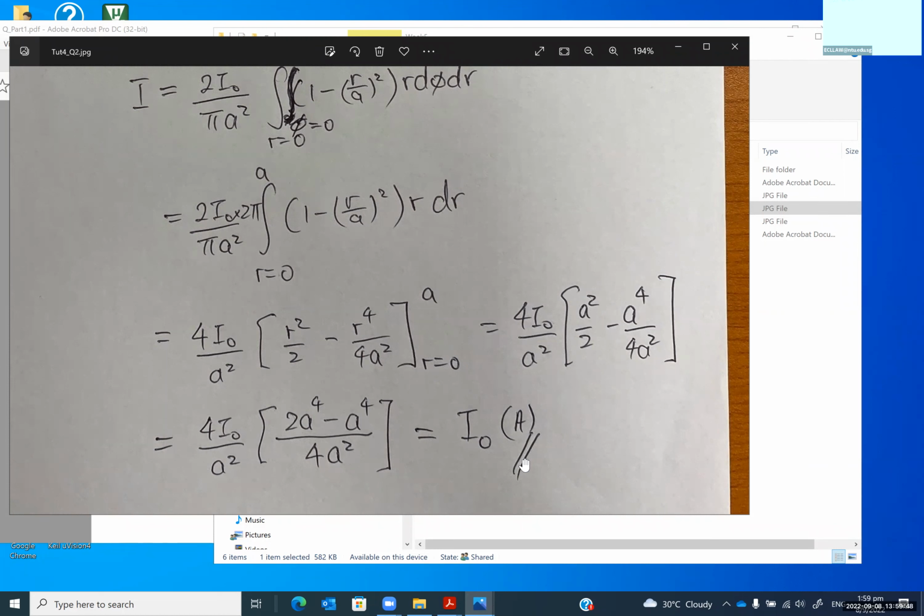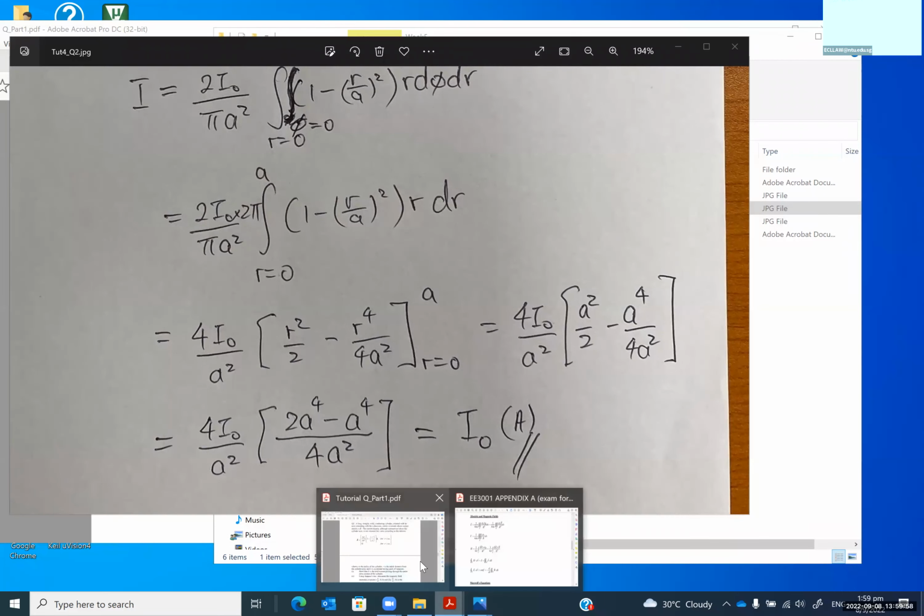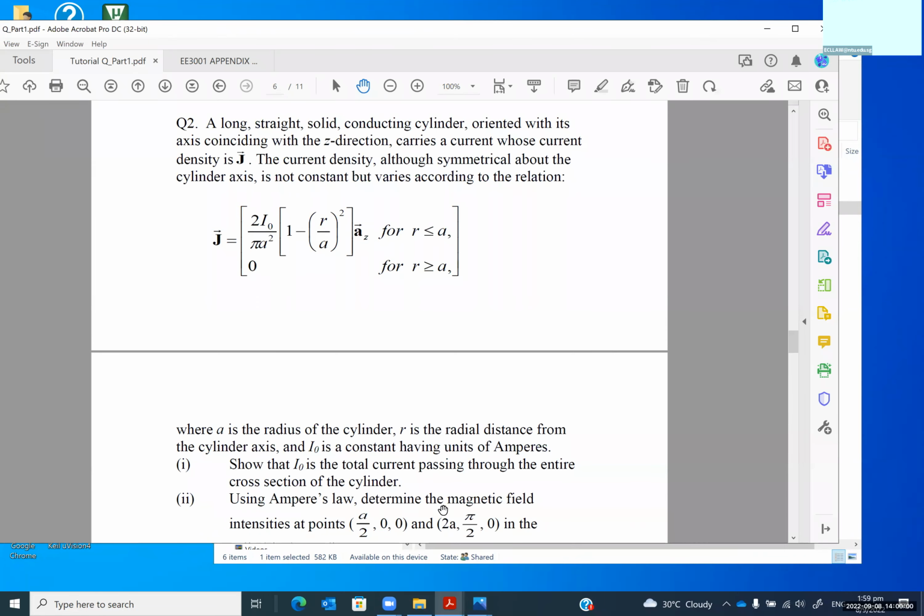Is everyone okay with that? Okay, next part is to use Ampere's law to find the magnetic field intensity at this point and this point. This one is important.